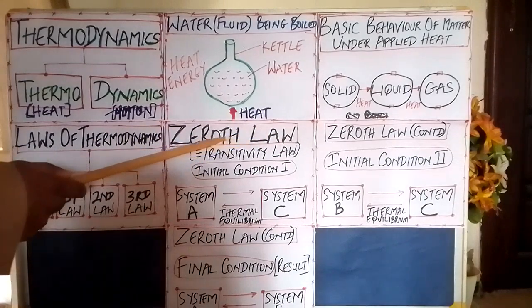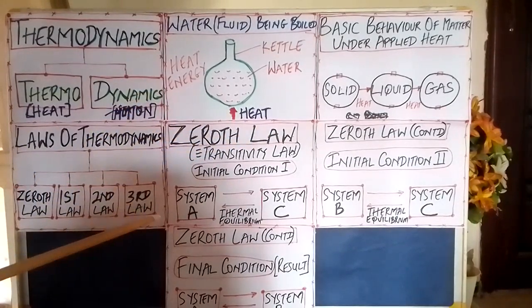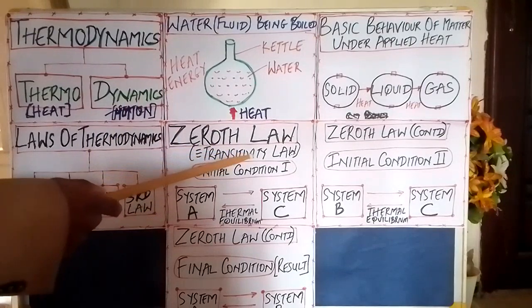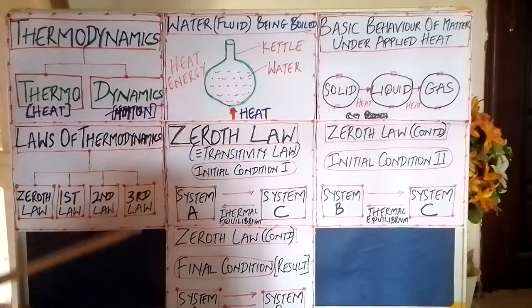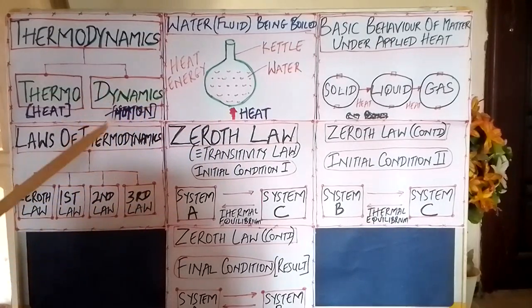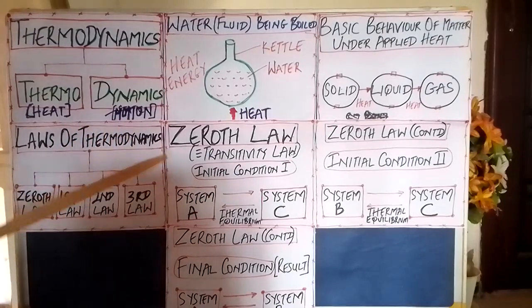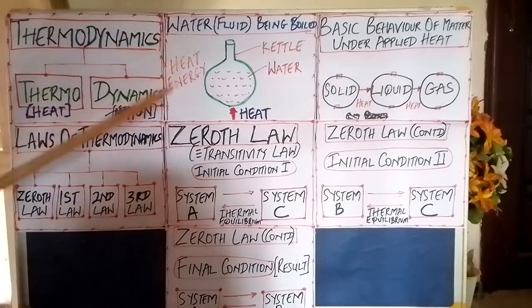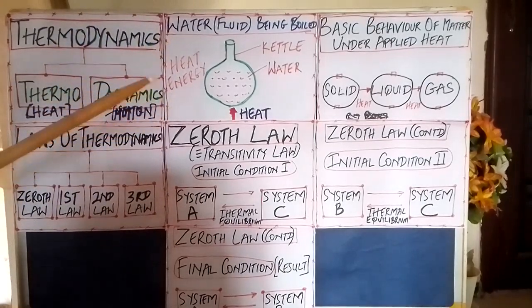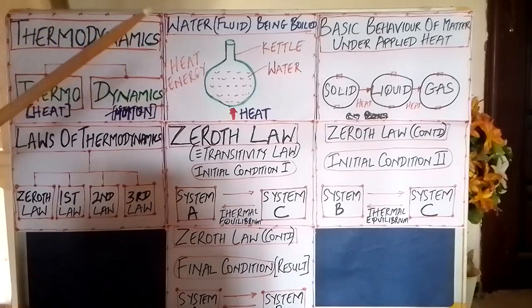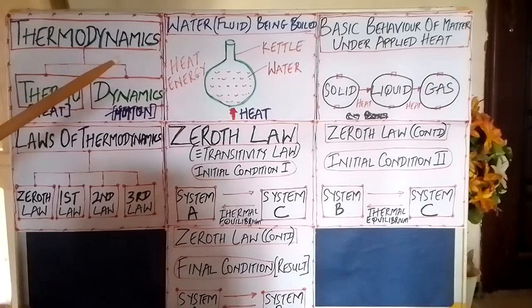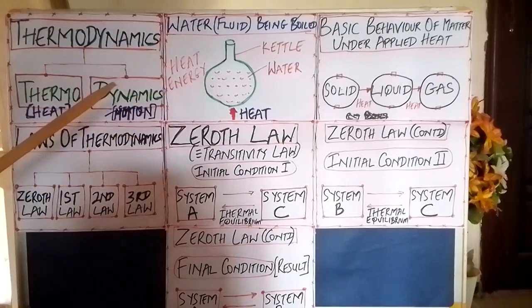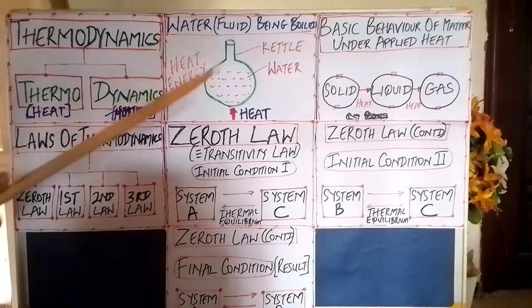This law of thermodynamics is a law of transitivity. It's a transitive law in the sense that when you talk about a law that is transitive, you are referring to systems in which the first system is in a relation with a second system, and the second system is in relation to a third system, which makes us imply that the first system is in relation to the third system.